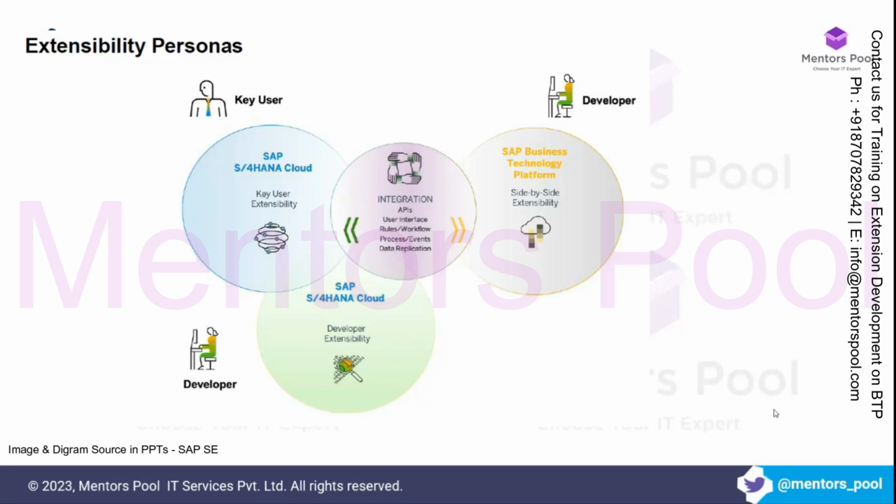As a developer, I would probably need access from the viewpoint of SAP Business Application Studio on SAP Business Technology Platform, but a key user would probably go via the SAP HANA Fiori applications. An on-premise user would probably go about the SAP GUI transactions, if somebody is still using that, or if business are still allowing that.